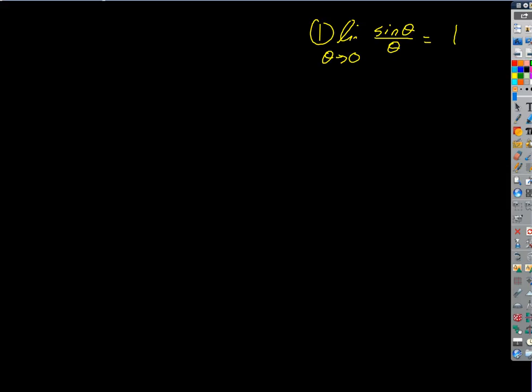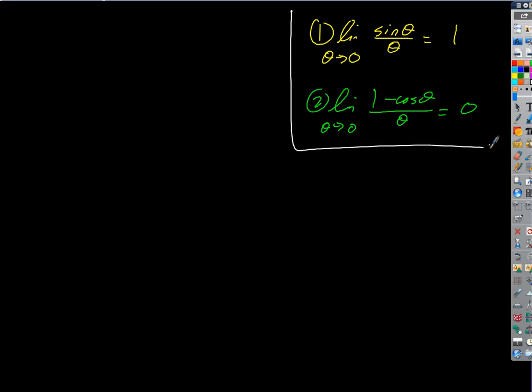Good. And then we also have a second one, the limit of 1 minus cosine theta over theta as theta approaches 0 equals 0. Good. So those are the two we know, right?